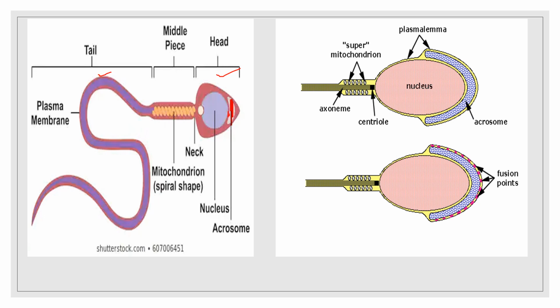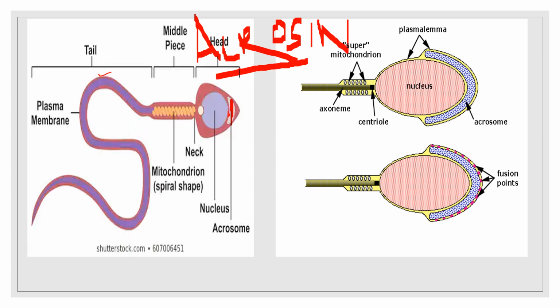It has a very low pH and contains soluble hydrolases, which are the serine protease acrosin. This acrosomal vesicle contains the serine protease acrosin.